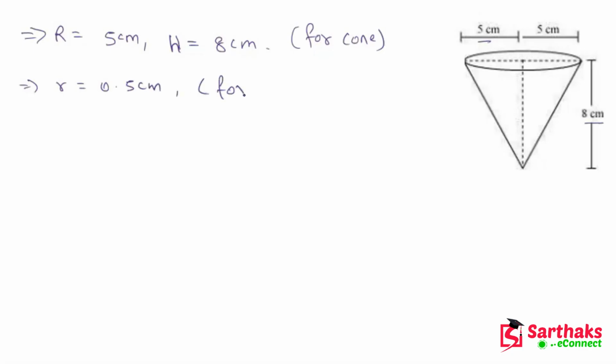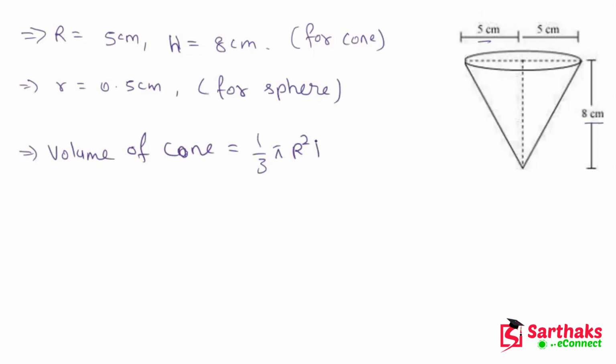Now the volume of cone is 1/3 pi r square h.